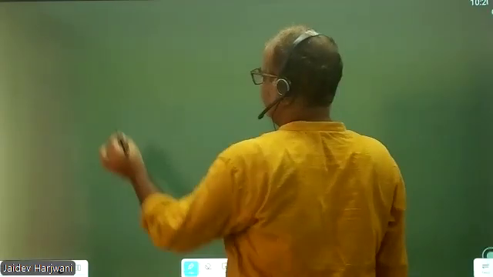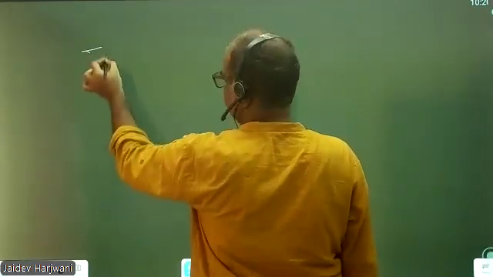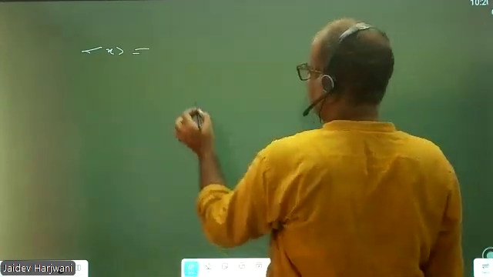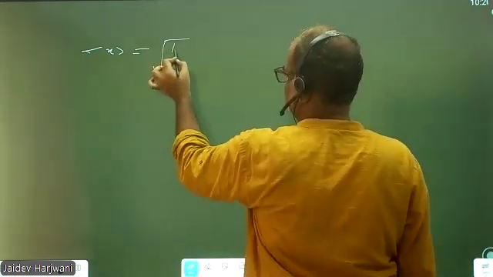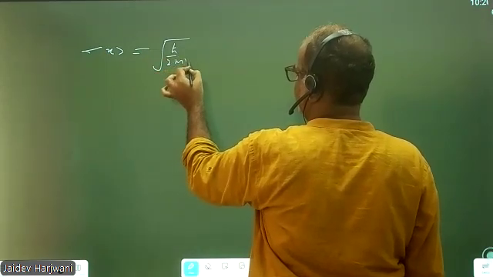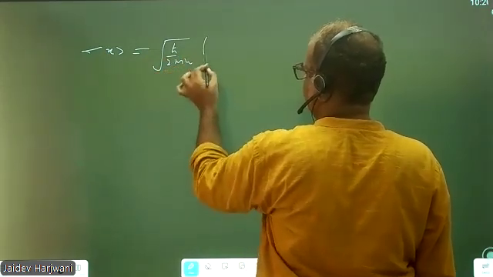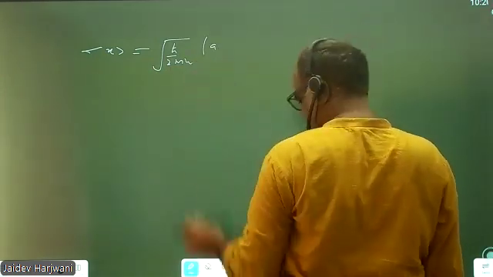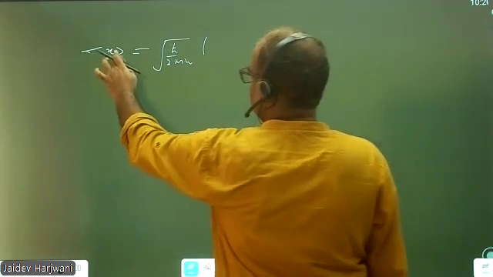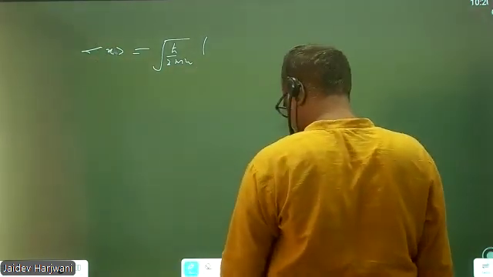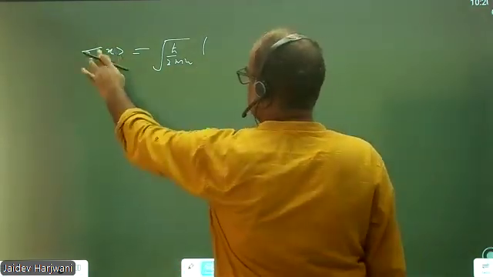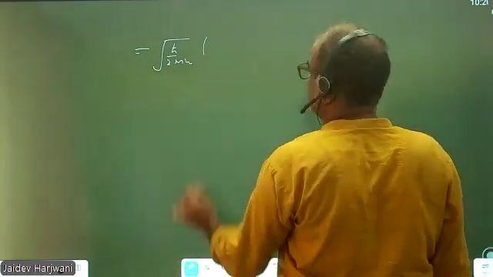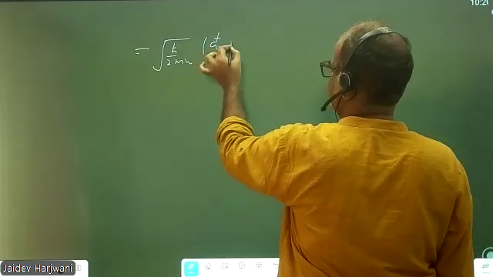Okay, now let us calculate the expectation values. If I want to find the expectation value of x, this will be simply root of h cut upon 2m omega, where x is a plus a.